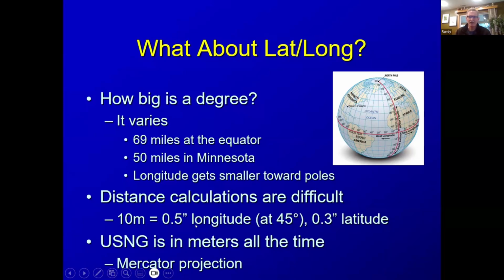So that means that distance calculations are difficult. And the point here is, when we're using U.S. National Grid locations and specifying the precision, it's very clear, just based on the number of digits, what your precision is. When you're talking about latitude, longitude, how many digits of degrees or minutes do you need to use to convey the location? And you simply can't do it.